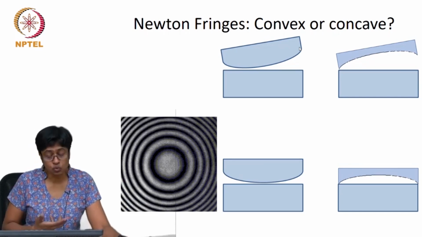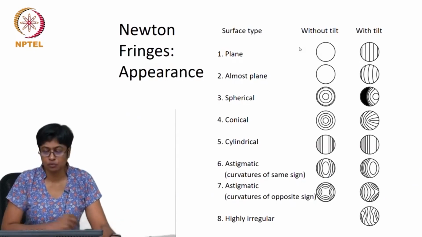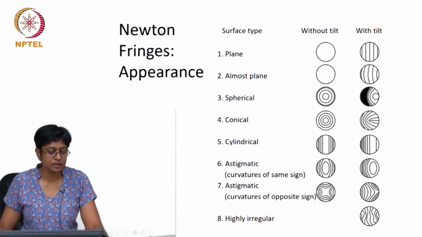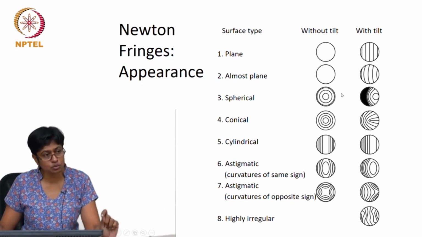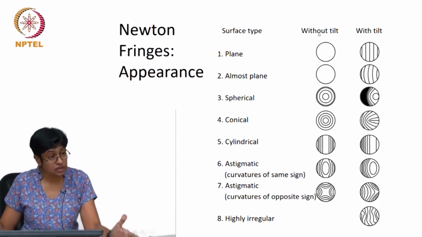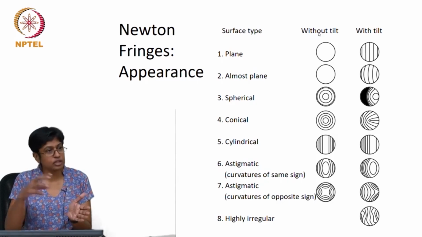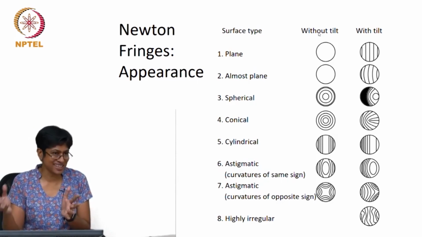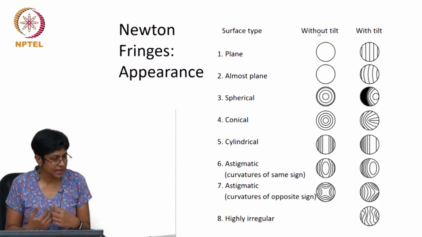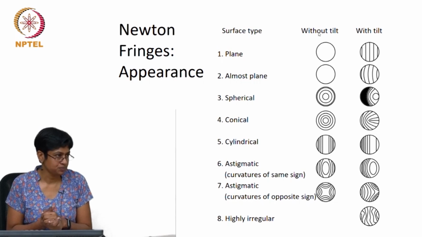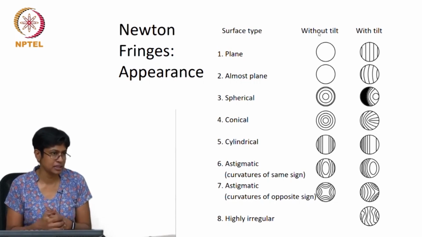So today I want to move on. Before I move on, just to show you typical fringes you get with the Newton interferometer for different types of surfaces. So if you think back to our very early geometric optics days, we had wave, you could think of the wave traveling through your system. We looked at rays, and we looked at ray pictures or intercept curves to tell what are the kind of aberrations we had in our imaging system.